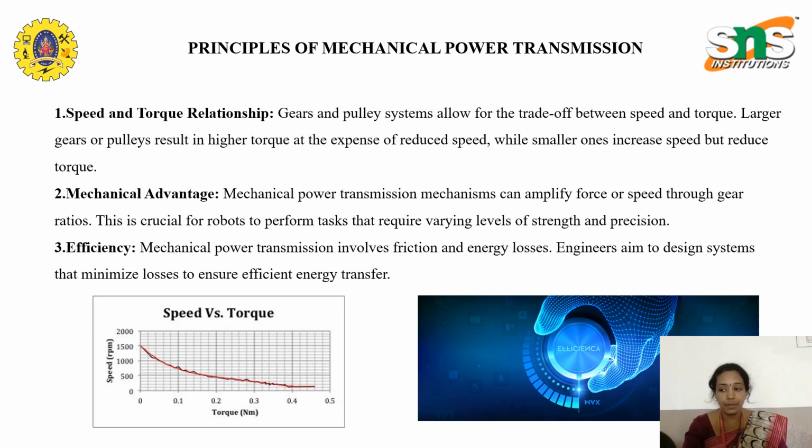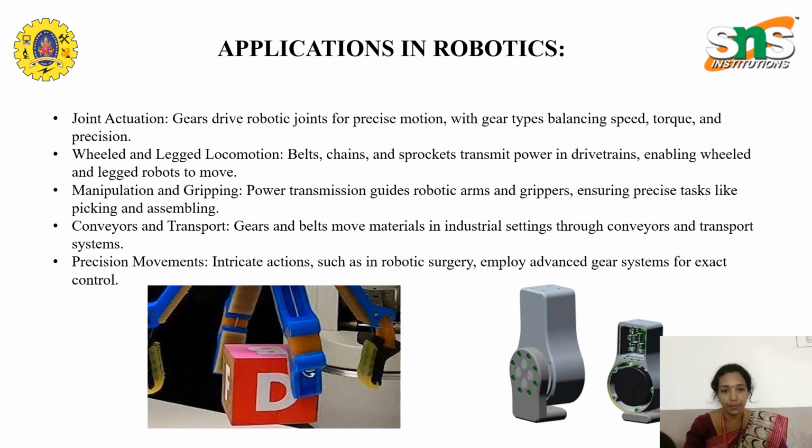So these are the principles of the mechanical power transmission system. The first one is the speed and torque relationship, then mechanical advantage, and the next one is efficiency. The important applications in robots involve joint actuation, wheeled and legged locomotion, manipulation and gripping, conveyors and transport, and precision movements.